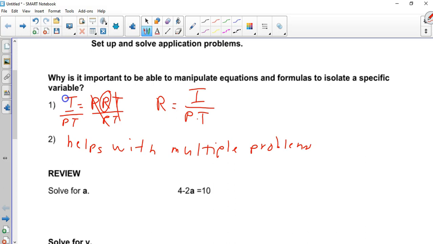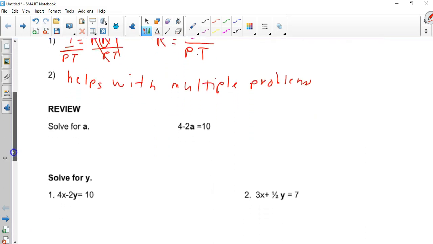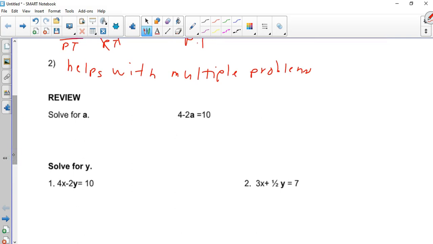Every time you plug the numbers in, you have to crunch the numbers and do all kinds of moving around. Whereas if you rewrite the formula before you start each set of problems, then everything's right in its proper place. So it's not a necessity, but it can help to make things run smoother.